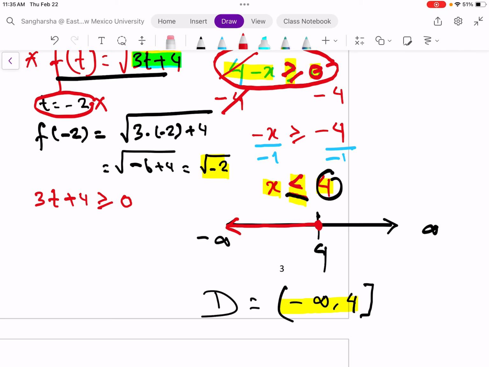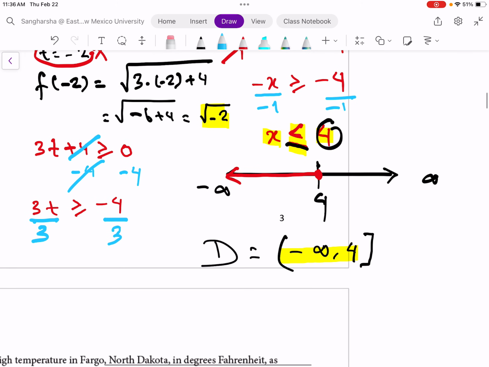Now how do we solve this? You subtract 4 on both sides. Positive 4 and negative 4 cancel. So we have 3t greater than or equal to 0 minus 4. We need to get rid of 3, so we divide both sides by 3. If we are dividing by a positive number, the inequality remains the same; it does not change.